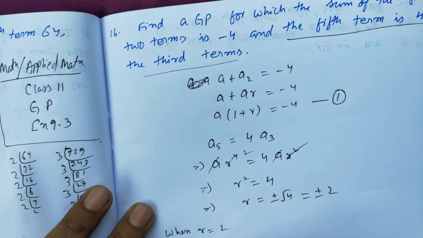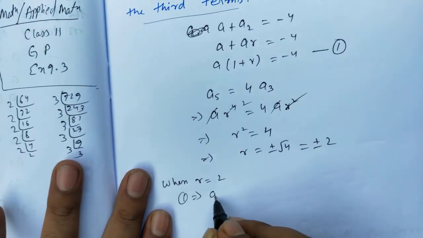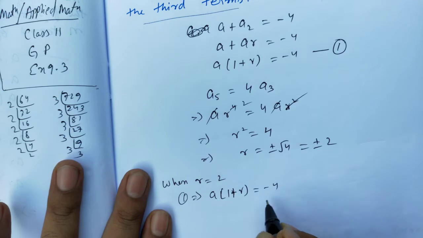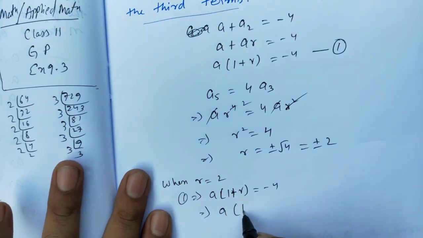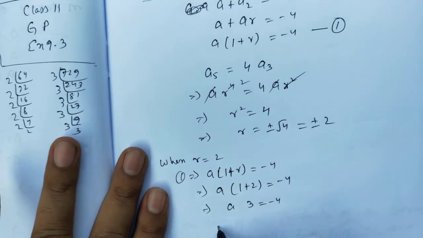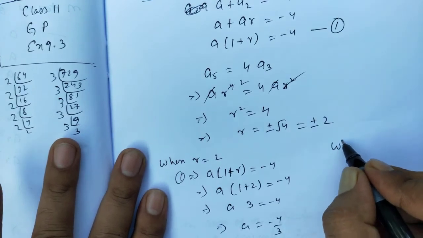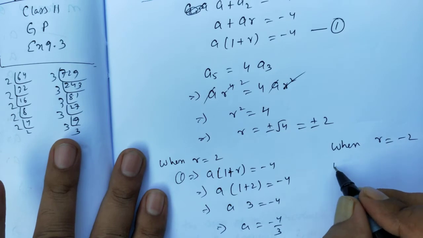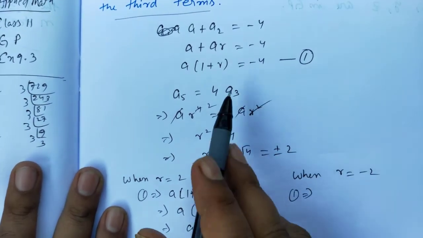Equation 1 implies A(1 plus R) equal to minus 4, so A times (1 plus 2). So A is minus 4 by 3. And when R equal to minus 2, equation 1 implies, equation 1 is this one.